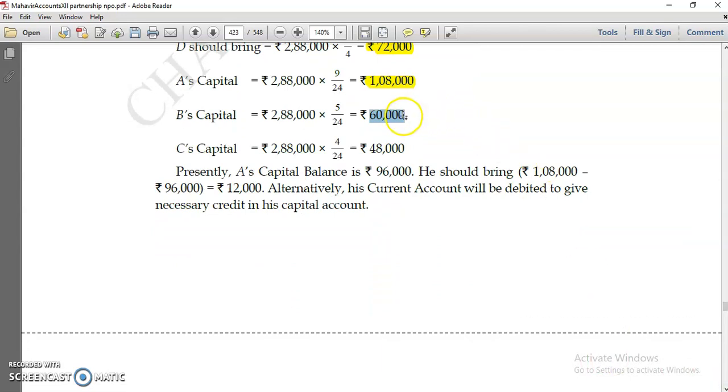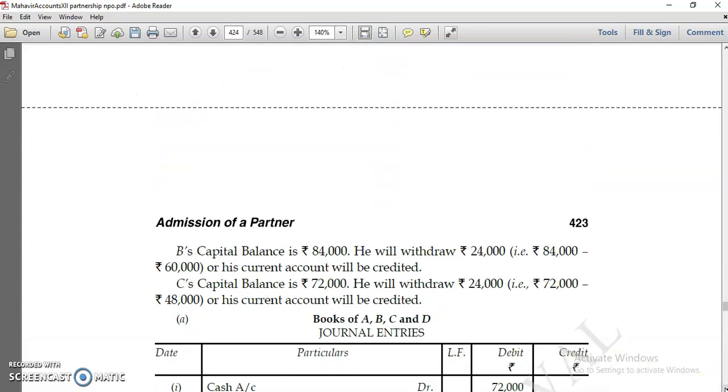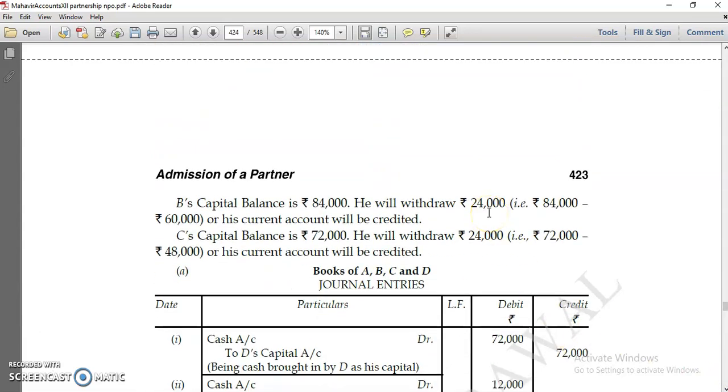Now your closing capital is less and adjusted capital is high. So what do we have to do? This is called surplus. It means we have to give him back that 24,000 rupees. He will withdraw 24,000 rupees out of that 84,000 and make his capital equal to 60,000.